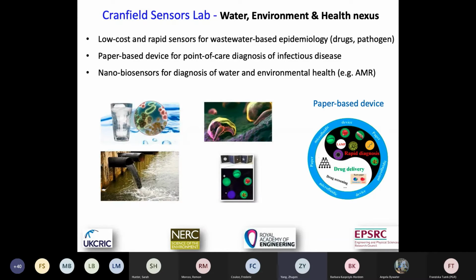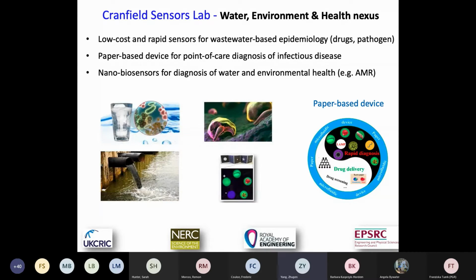I'm really grateful to get this brand new lab in Cranfield University. Although in the history, biosensors has a good track record and a big impact in Cranfield University. But from the Water Science Institute, we have just set up a new laboratory, which was funded by UKRIC. And our research activity mainly includes 3 parts.